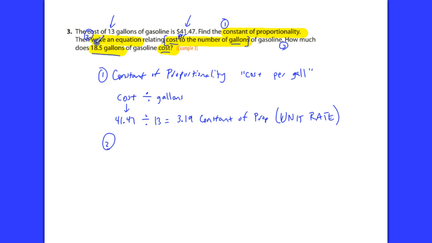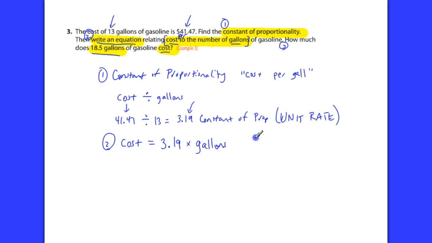All right, number 2 now says write an equation that relates the cost to the number of gallons. Well, I know that the cost is going to equal, since I figured out it's $3.19 per gallon, $3.19 times the number of gallons.